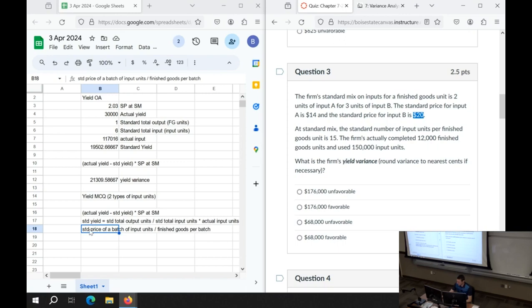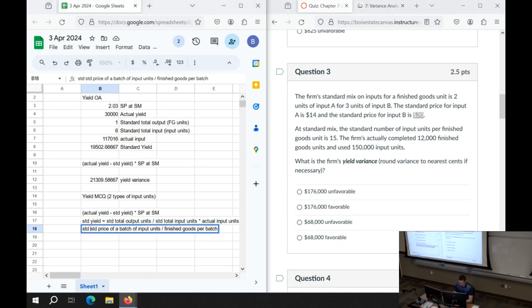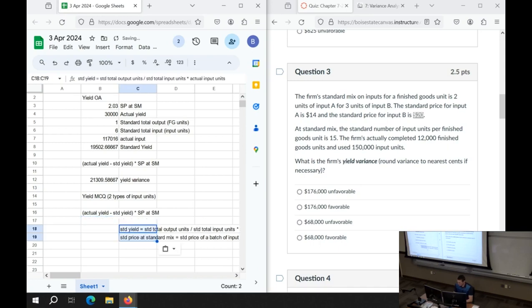So we might as well just think of standard price at standard mix as equal to that. Let's put these to the side. These are extra equations from the textbook, if they help.